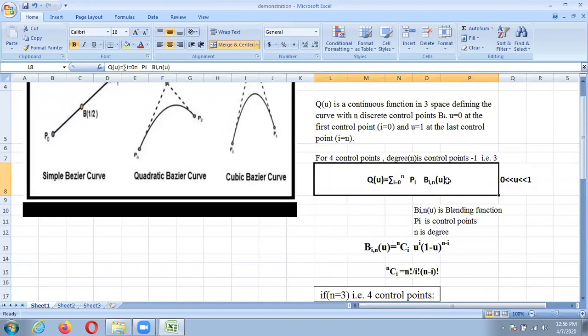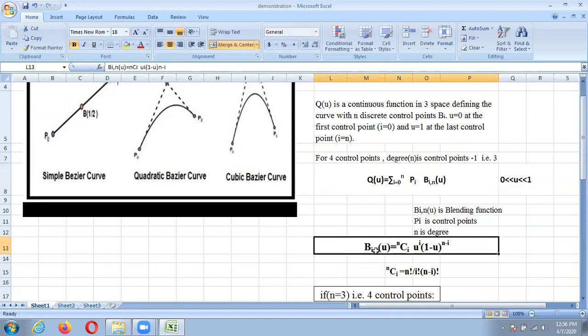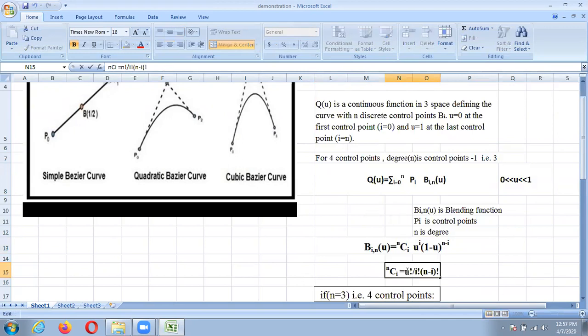Now how do we find the value of b i comma n of u? It can be calculated as n C i into u raised to i into 1 minus u raised to n minus i. Here n C i is calculated using the formula n factorial upon i factorial into n minus i factorial.